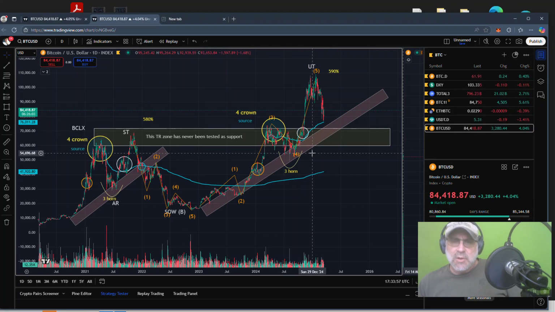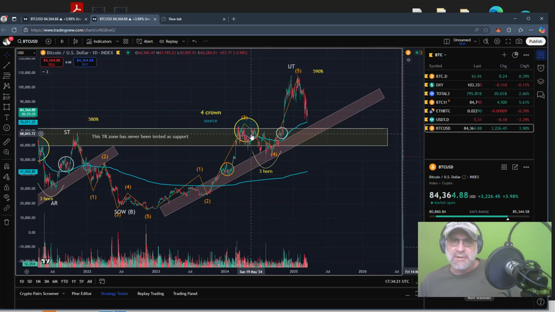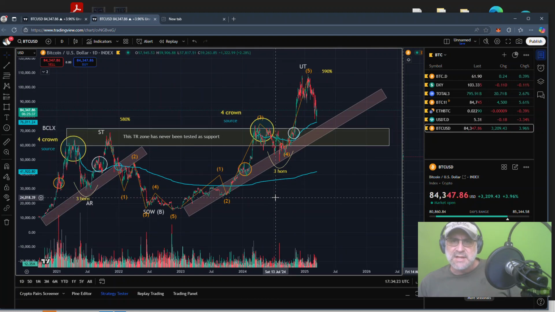Okay, and normally what you see in price action is once the price marks up, in this case we had a kind of head and shoulders, and it tops out, then we come back down. We see this in all the tops here. In this case we had what I call a 4 crown. This was the A cycle for each. You see there was a 4 crown also of what we had.